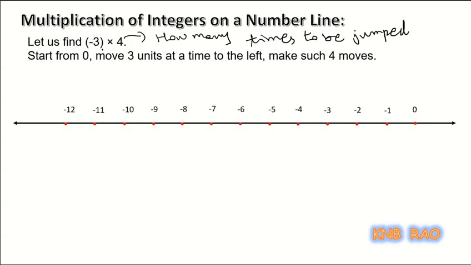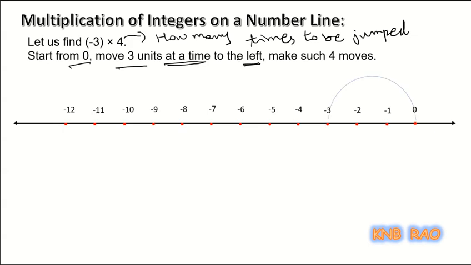So, here I have taken one negative integer, another positive integer. I will start from 0, move 3 units at a time. So, this 3 tells me how many units I have to move at a time. And what does this negative mean? This negative means moving to the left.